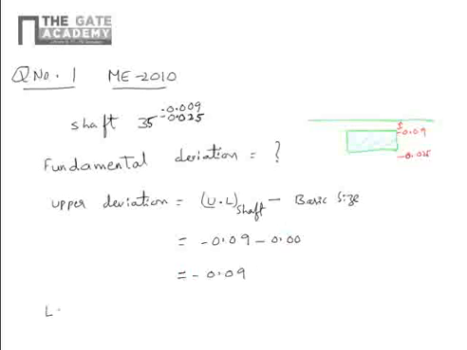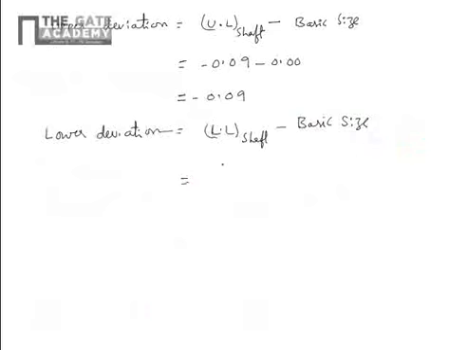Lower deviation equals lower limit of shaft minus basic size. We are taking 0.00 as reference, that's why we take direct tolerance values: minus 0.025 minus 0.00, that is minus 0.025 mm.